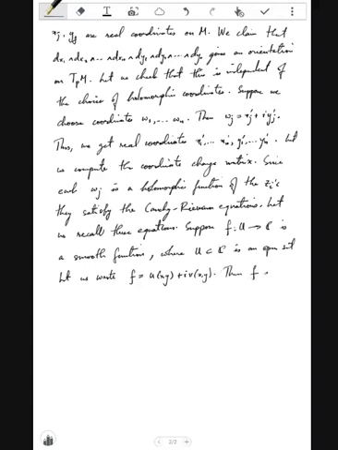Then f is holomorphic if and only if it satisfies the two equations du by dx equal to dv by dy and dv by dx is equal to minus du by dy.